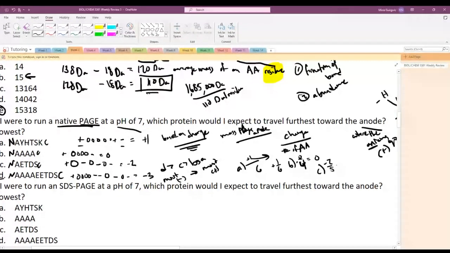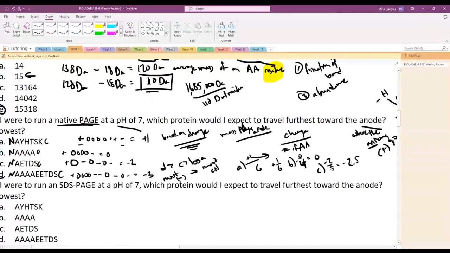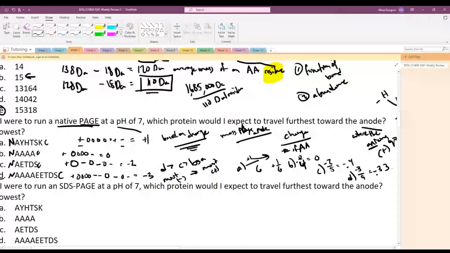So -2 over 5 is going to equal -2.5. Oh, no, sorry, -0.4. Excuse me, I went backwards. -0.4. And finally, D has a charge of -3 and a mass of 1, 2, 3, 4, 5, 6, 7, 8, 9. So -3 over 9, and that's going to equal -0.33 repeated.